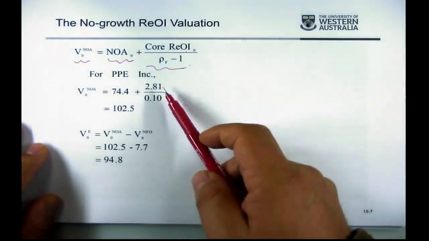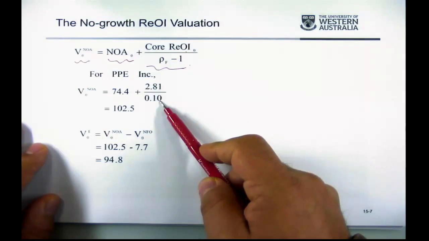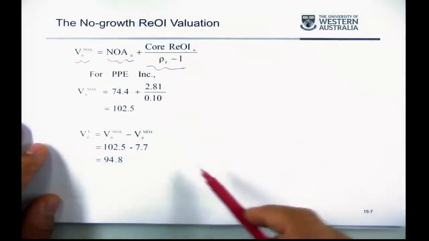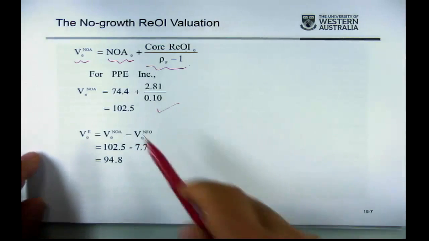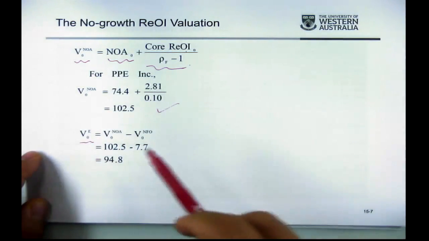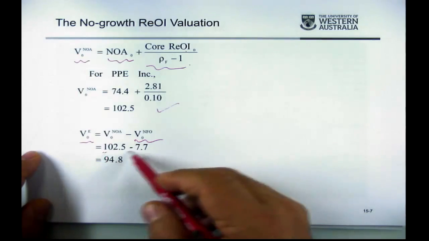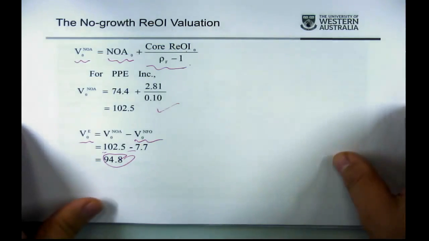So we divide the expected residual operating income by the required rate of return, and then we add the result to the current book value of net operating assets. So this is the value of the firm, or the value of its operations, okay? Once we have valued the firm, we can easily value its equity by subtracting the NFO from the value of operations, and we get the value of equity. Make sense? Any questions?